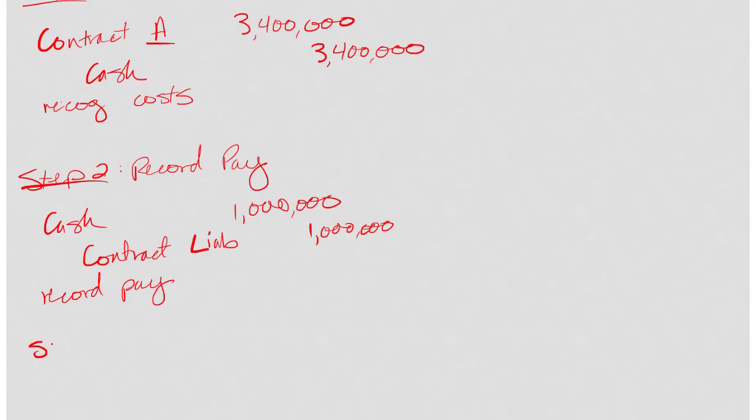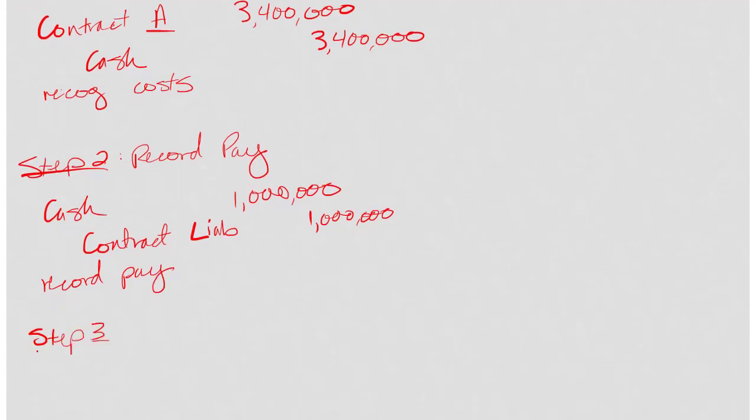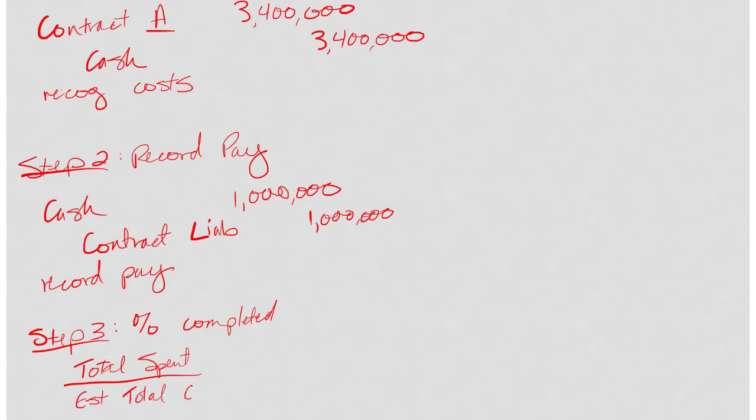payments. Step 3 is to figure out the percentage that I have completed. And to do that, I take the total spent by the estimated total cost. We know the total spent, that's from step 1. So far I've spent $3.4 million.